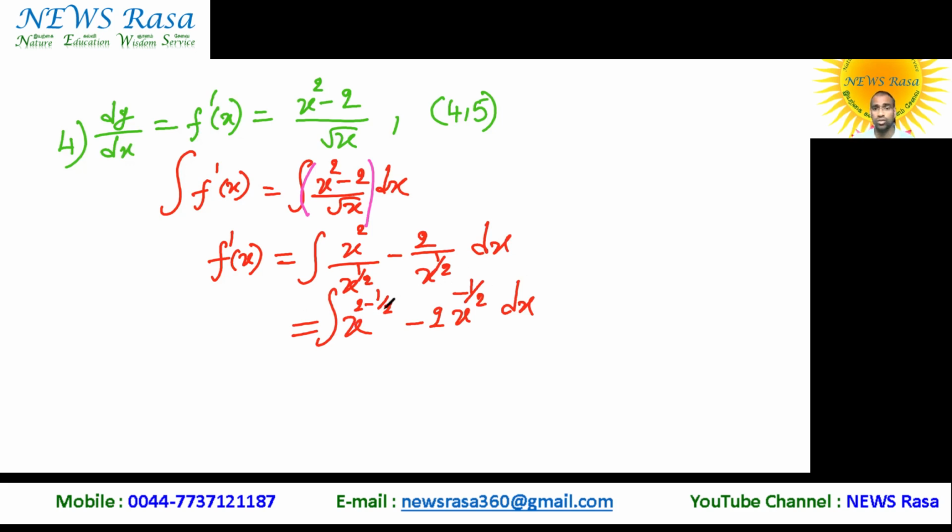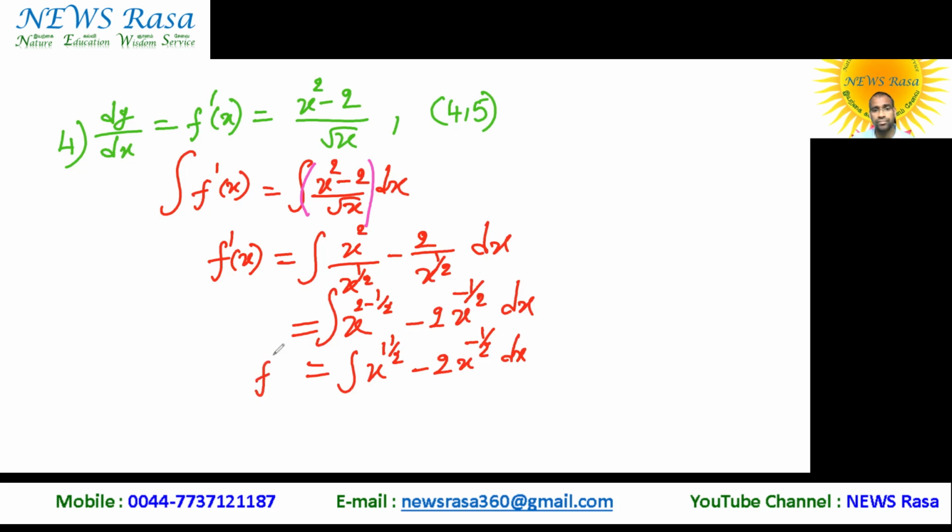So I'm just subtracting 2 minus half, and then there was nothing on the top, or maybe 0, so x to the power of 0 minus half is minus half. Even then it's not the final version, because we just need to simplify a little bit. So we're going to have x to the power of 1.5 minus 2x to the power of minus half dx. I hope you're with me so far, right?